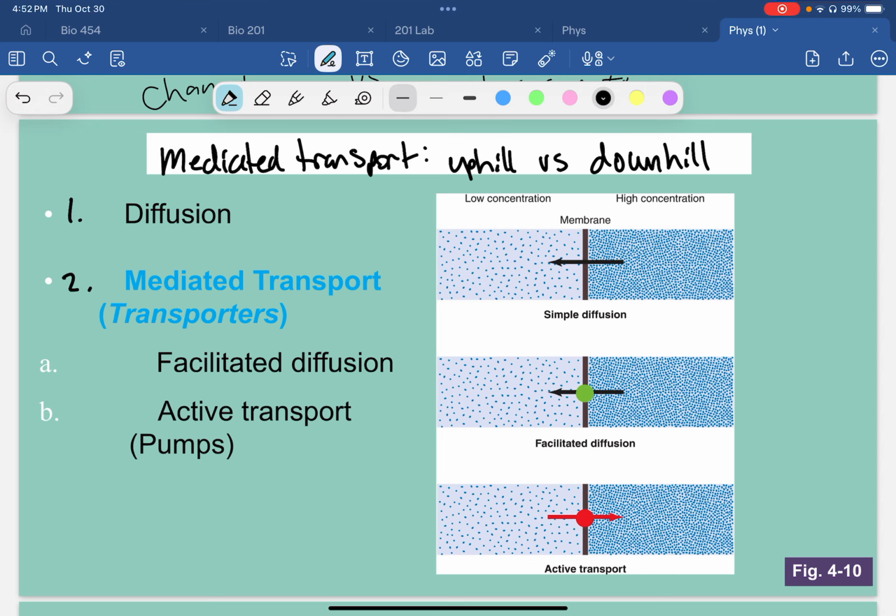We have our diffusion, and then our mediated transport, which could be either facilitated diffusion or active transport with our pumps. We know this is down the gradient because it's diffusion, and this is going to be up the gradient. If it's up a gradient, then it needs ATP, whereas diffusion does not need ATP.